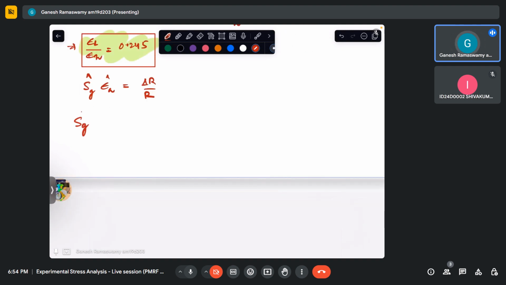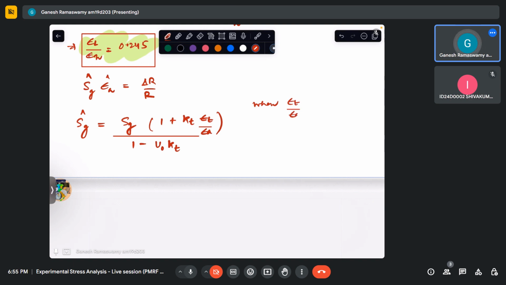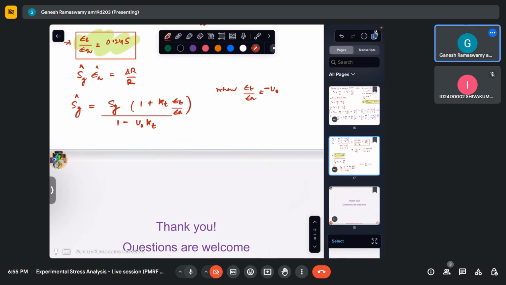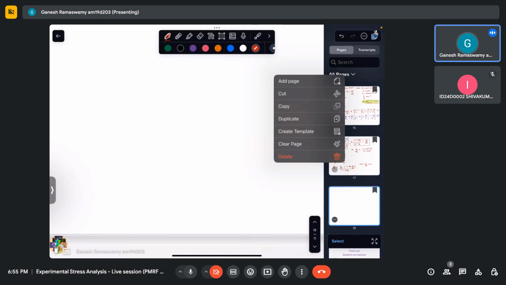So the apparent gauge factor can be written as Sg divided by 1 minus mu naught Kt, into 1 plus Kt into epsilon T by epsilon A. Now when epsilon T by epsilon A happens to be minus mu naught, this reduces to the same expression as the gauge factor. But since that is not the case here, we will see how to go about solving that.